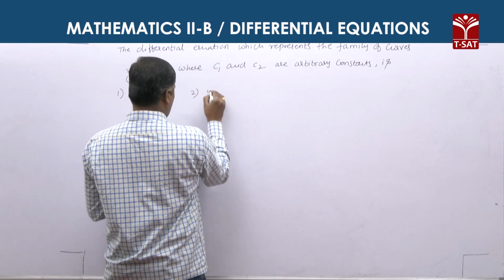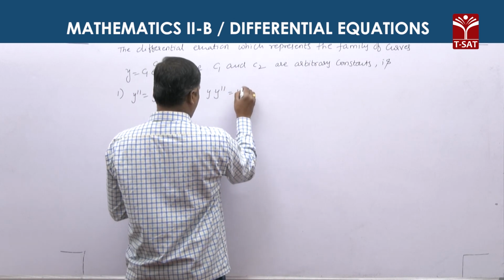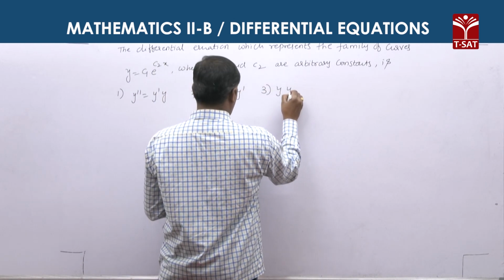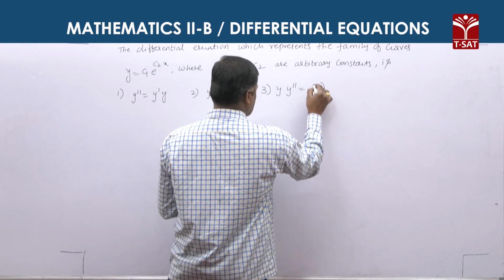Second option, y into y double dash is equal to y dash. Third option, y into y double dash is equal to y dash square.